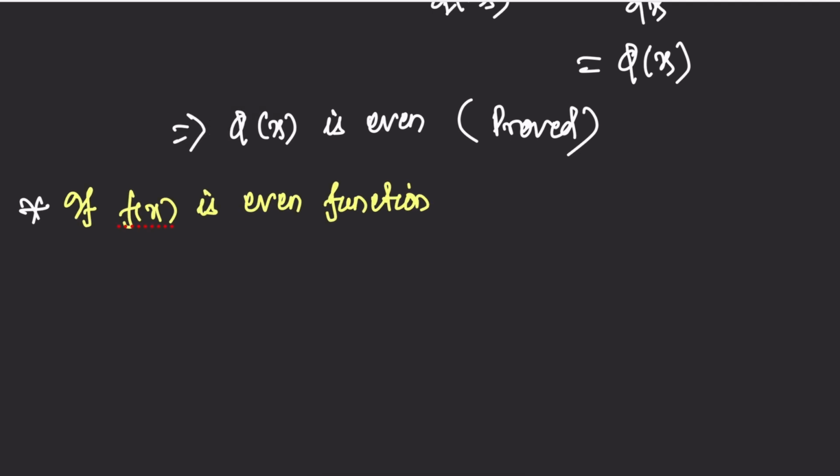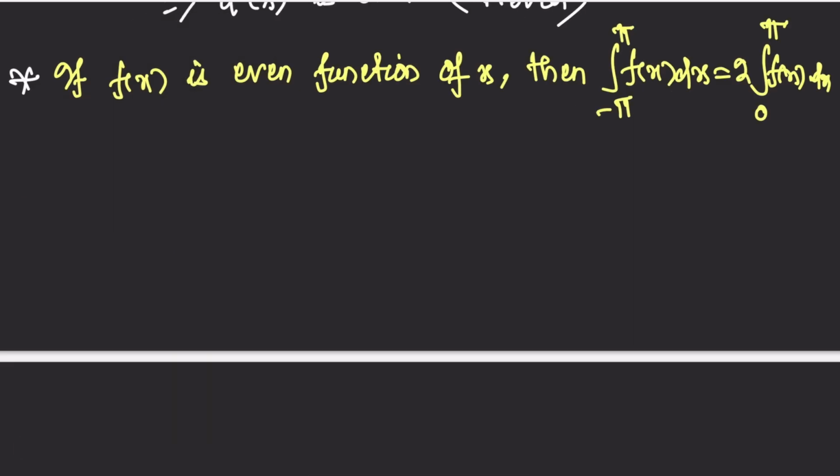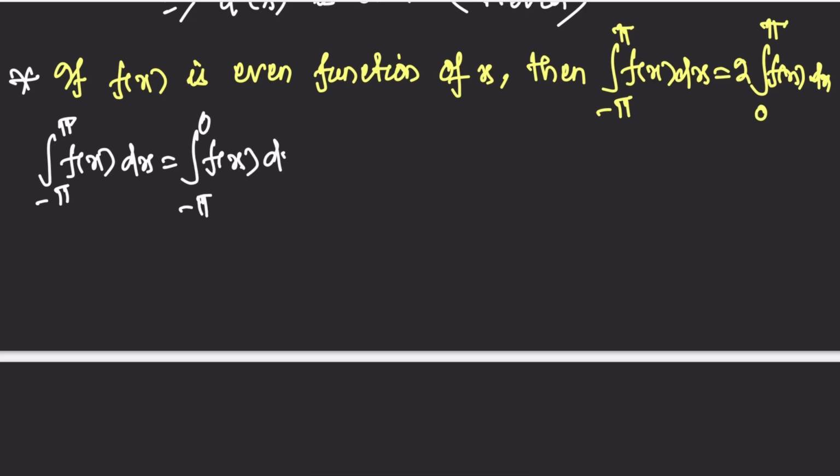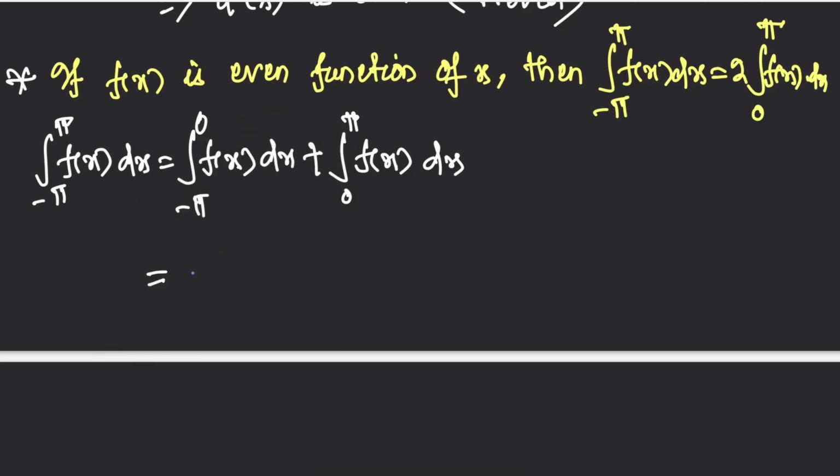If f of x is an even function of x, then integration from minus pi to pi of f of x dx equals 2 times the integration from 0 to pi of f of x dx. Let's prove it. We can write minus pi to 0 f of x dx plus 0 to pi f of x dx. The first term can be written as minus of integration from 0 to minus pi f of x dx.